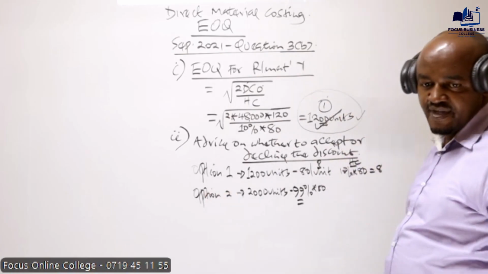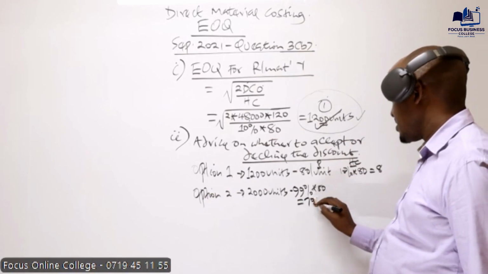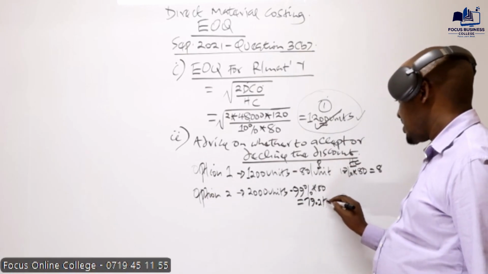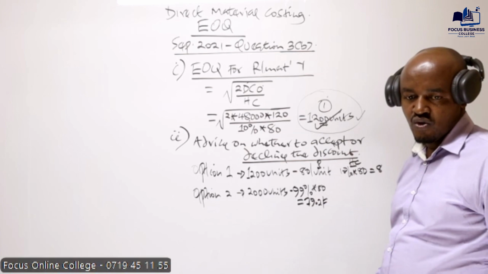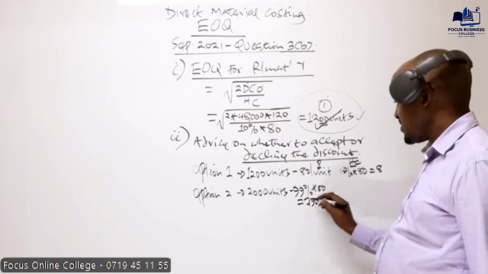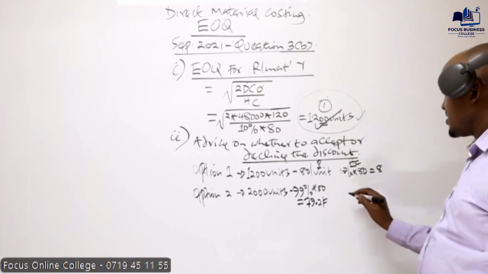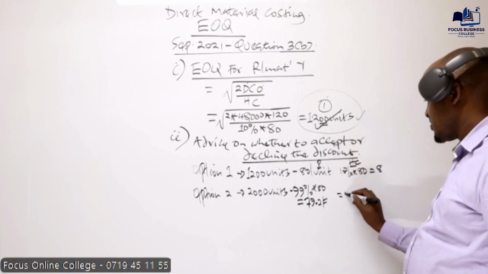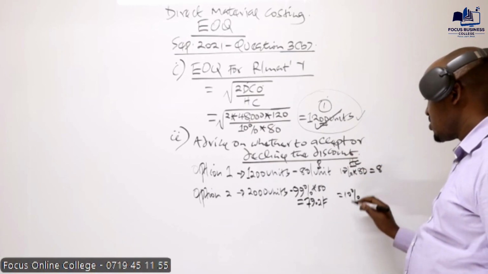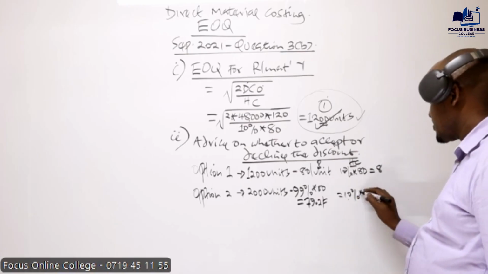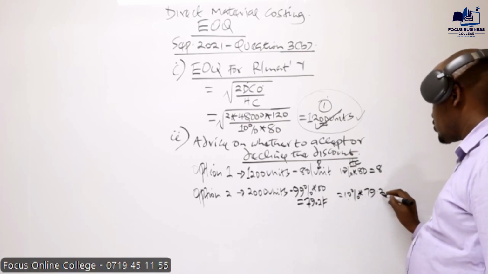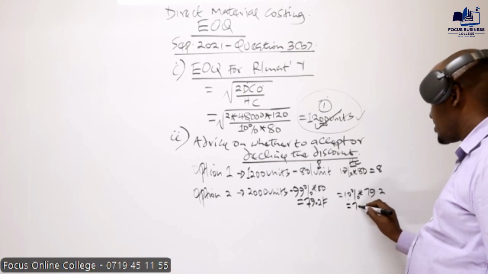If the company accepts the discount, it will pay 79.2. That also means the holding cost per unit will be 10% of 79.2.